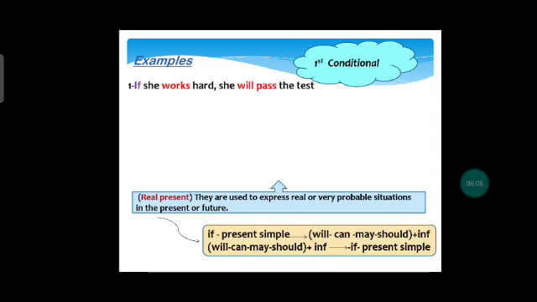It's probable that she works hard. It's very likely that she will pass the test. As long as she works hard, she will pass the test. Here, we talk about a very probable situation in the present or future. Something which is very likely to happen in the present or future.